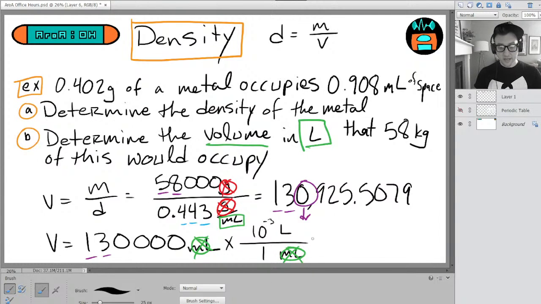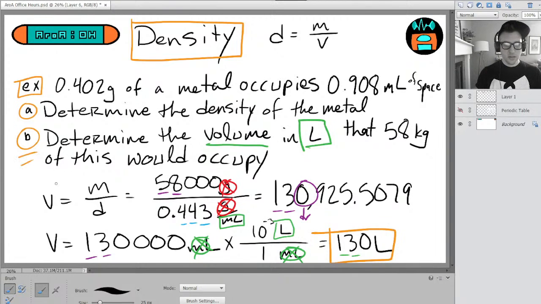When you punch in 130,000 times 10 to the negative third into your calculator, it tells you that your answer is 130. You'll notice that you have 2 sig figs, which we should, but now our volume is in liters. So this is the answer to part B, determine the volume in liters that 58 kilograms of this metal would occupy.